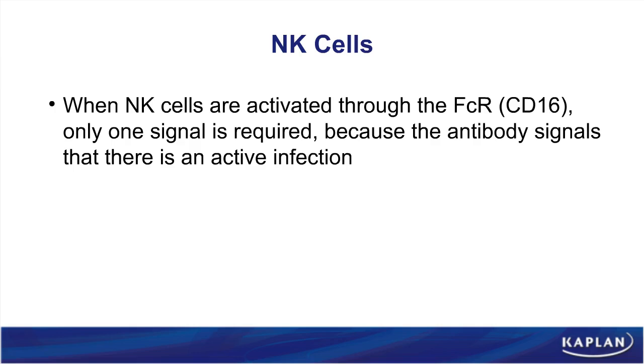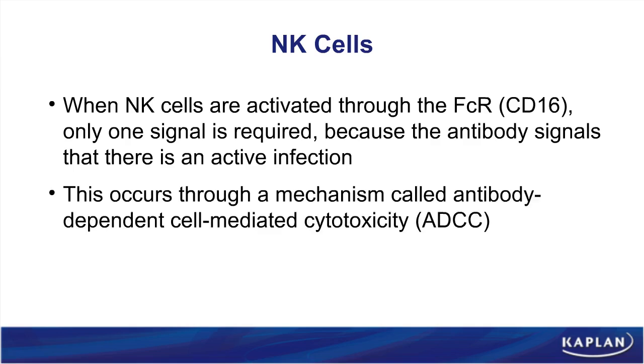But when natural killer cells are activated through CD16 or the Fc receptor, we only need one signal, because the antibody being there signals that there's an active infection. This is the mechanism that we're going to talk about a little bit later in Chapter 8, called antibody-dependent cell-mediated cytotoxicity, or ADCC. It's a really good example of collaboration between the adaptive immune system and the innate immune system.